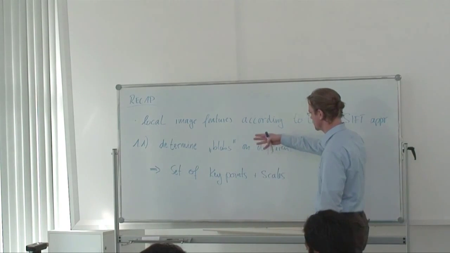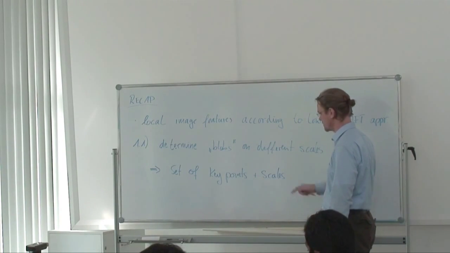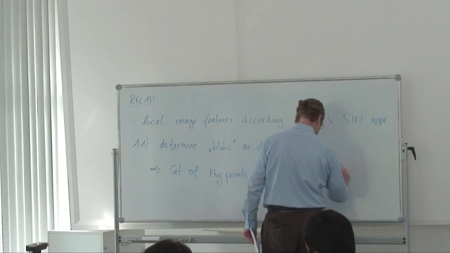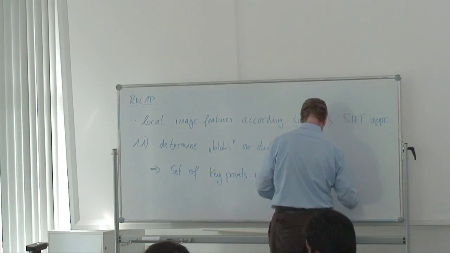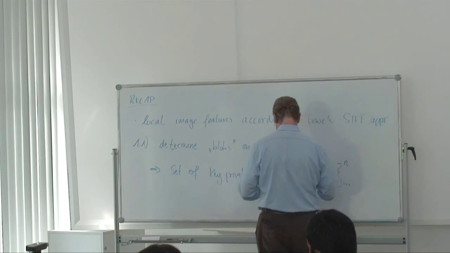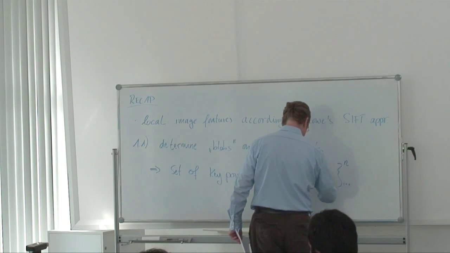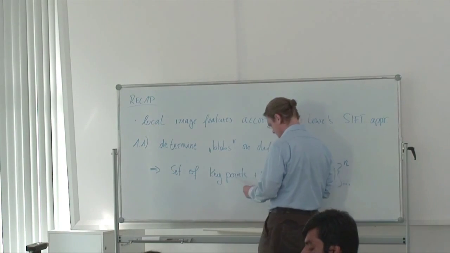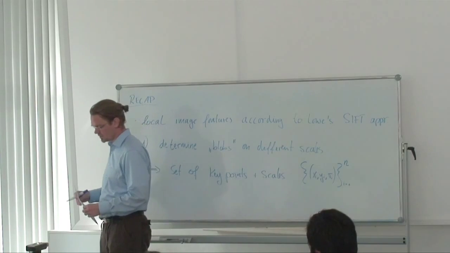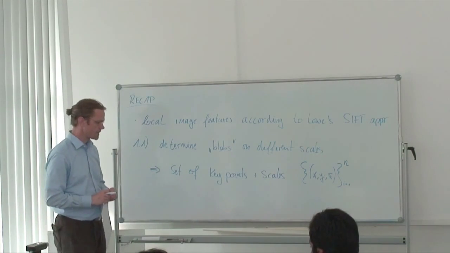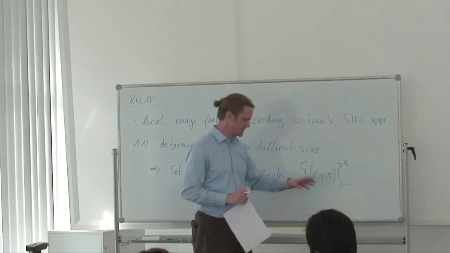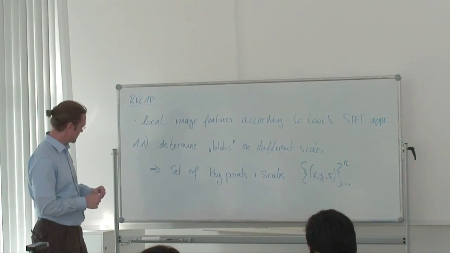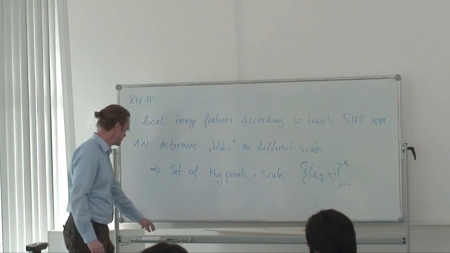So we end up, after the first step in this processing pipeline, with a set of key points and scales. This is to say we are given a set, from i equals 1 up to lowercase n, of triples x_i, y_i, and the scale is given in terms of the variance of a Gaussian. A homogeneous Gaussian has the same variance, we assume same variance in all directions. So that is what we get after processing step 1.1 in this pipeline.